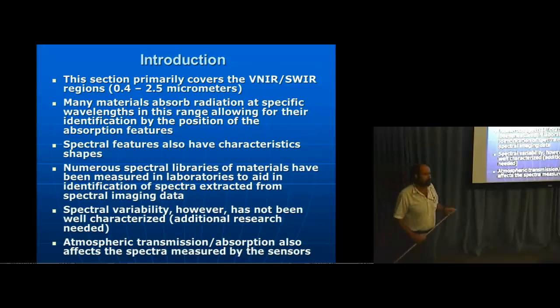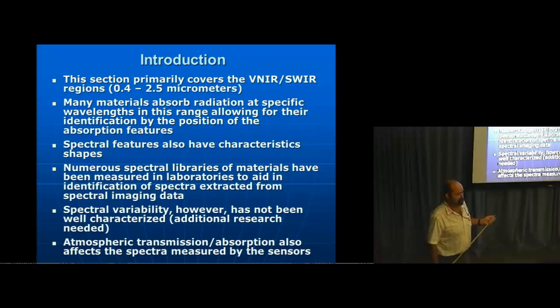So in this particular section, in most of the course, we're really talking mostly about the VNIR and SWIR. I'll talk about long-wave IR tomorrow. We will look at some long-wave IR hyperspectral data in lab, and I'll try to introduce you to some of the things that are important for that. In these wavelength ranges, absorption is the main thing that we're talking about, where the radiation interacts with the molecules, basically, of the materials.